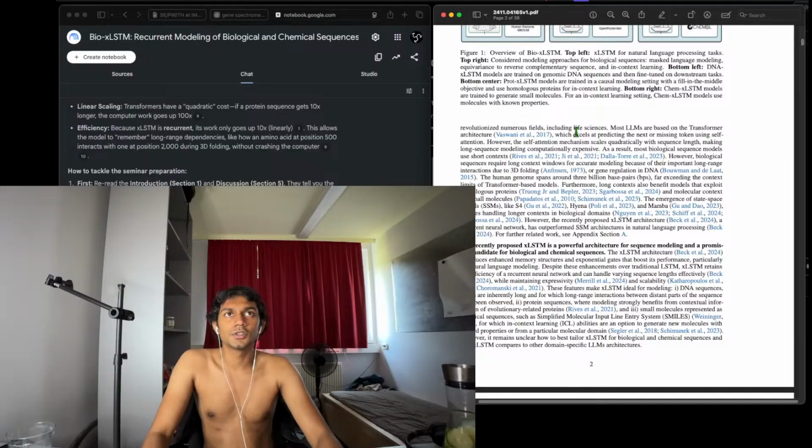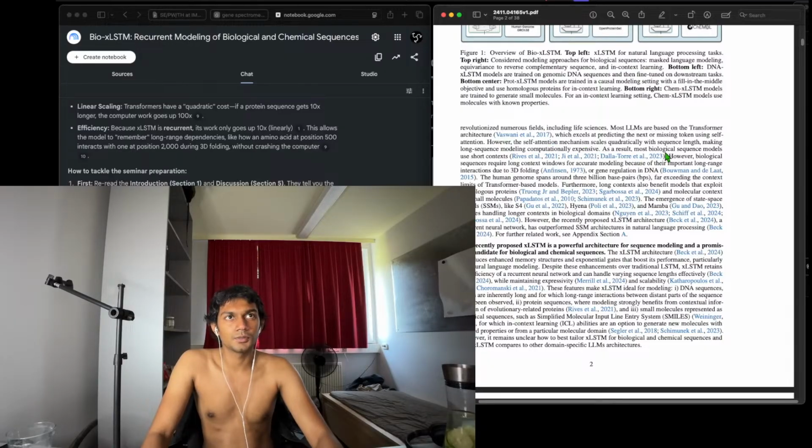LLMs have revolutionized numerous fields, including life science. Most LLMs are based on transformer architecture, which excels at predicting the next or missing token using self-attention. However, the self-attention mechanism scales quadratically with sequence length. So the longer the sequence, the more expensive, making long sequence modeling computationally expensive.